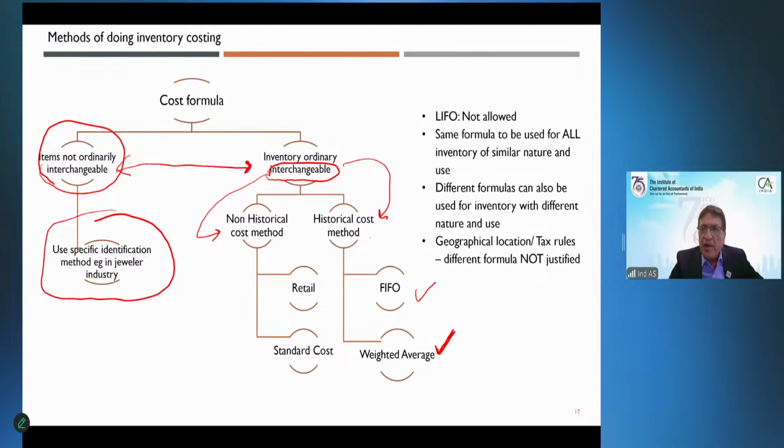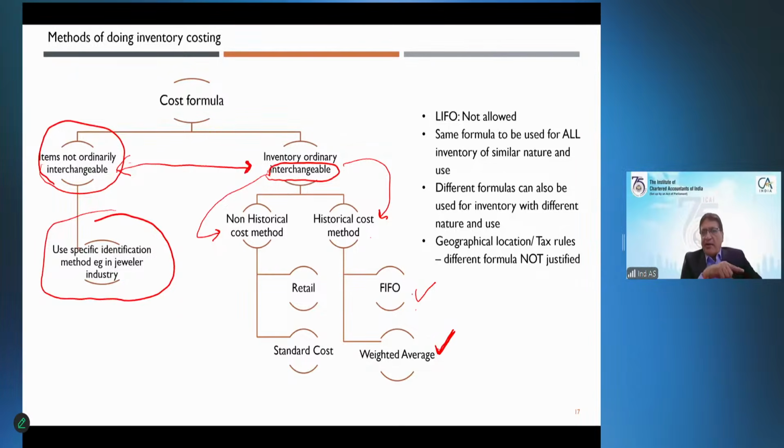Reason being, FIFO means I have incurred an inventory cost that goes into my account, right? That cost is the cost I have in my books of account. Once it is sold, my first in, first out, that particular inventory item goes out. So it is a historical cost.